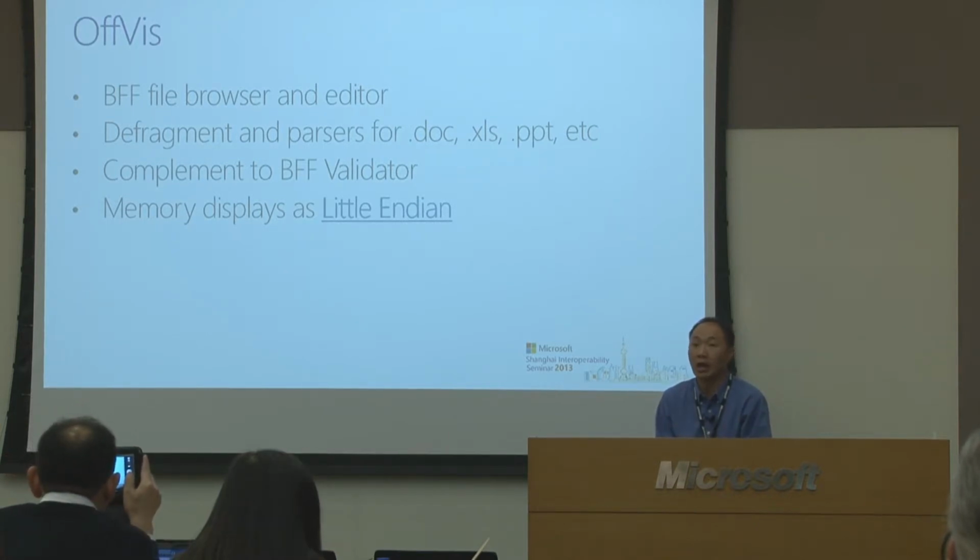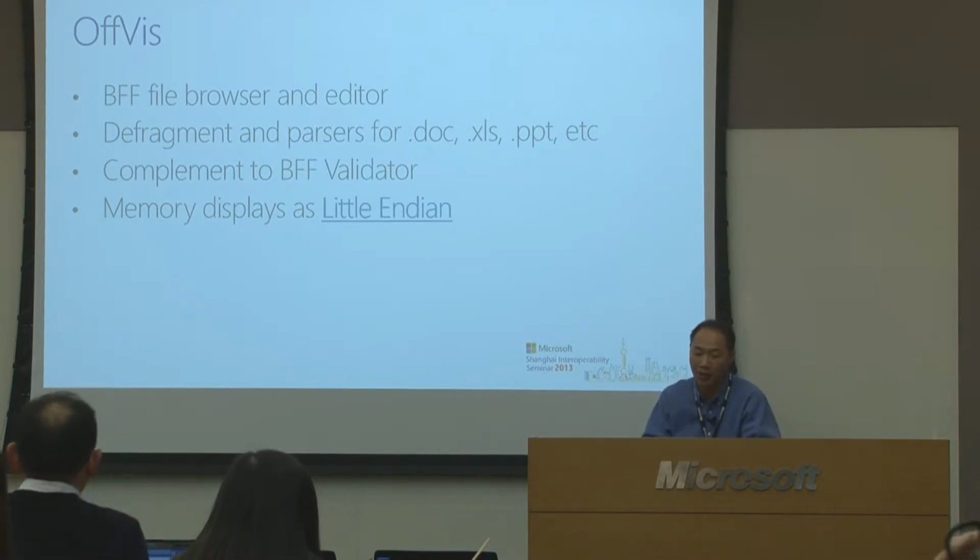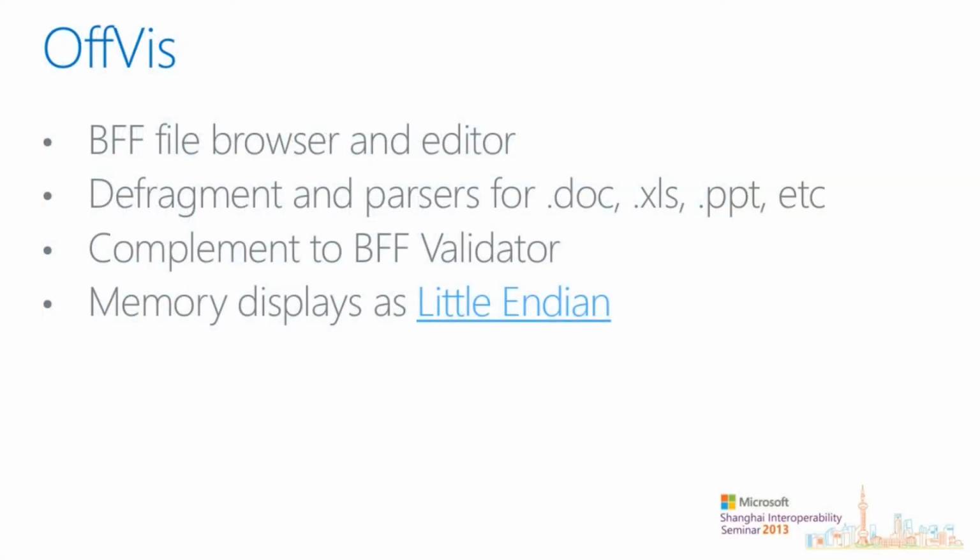This is a graphical user interface, a GUI, like an application that allows you to browse and edit. So it is a browser and an editor. It has the defragment feature, which allows you to restructure the file, and it also includes the parser so that you can parse the structure for .doc, .xls, PPT, and so forth.